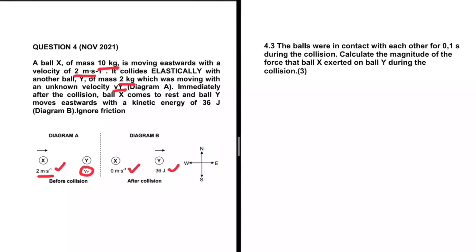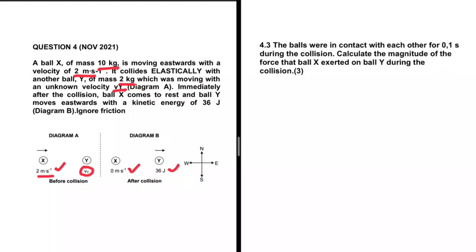So in 4.3, the balls were in contact with each other for 0.1 seconds during the collision. Calculate the magnitude of the force that ball X exerted on ball Y during the collision. For ball Y, the initial velocity, which we just calculated, is 4 meters per second to the west.